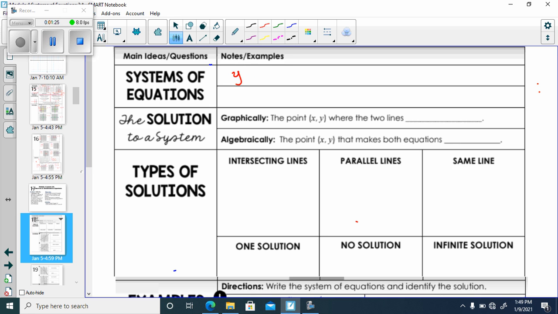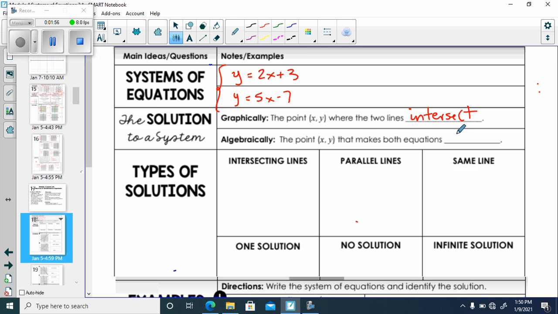For instance, if we have y is equal to 2x plus 3, and y is equal to 5x minus 7, this would be a system of two linear equations that we would be working with. Now, the solution to a system of two linear equations is the point where the two lines intersect, where they cross. The point that fits on both lines.